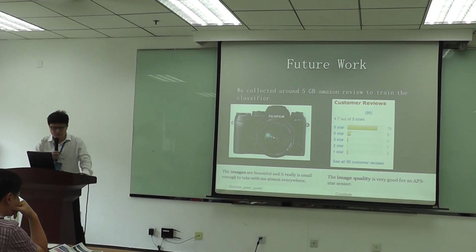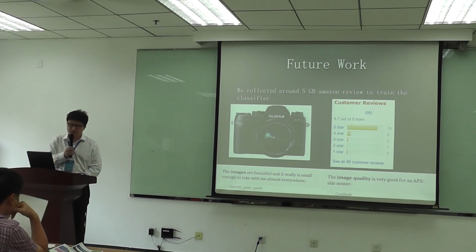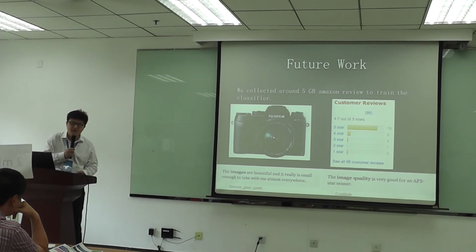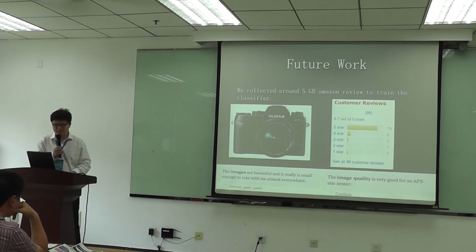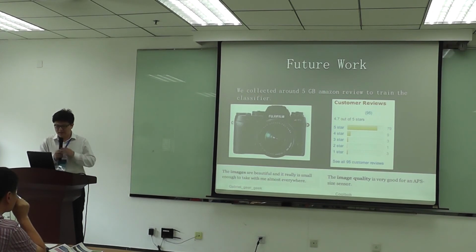But for example, take the phrase, the size of the camera is small. Small normally is a negative word, but when it combines with size of the camera, it's actually a good thing. You don't want to carry a very huge one with you for travel.